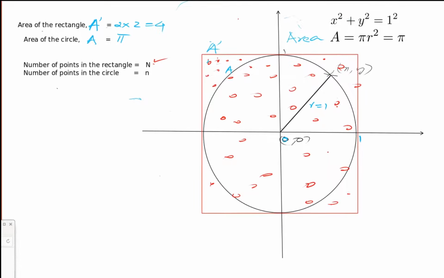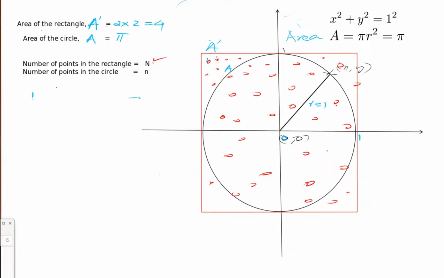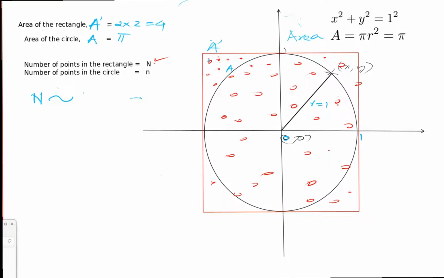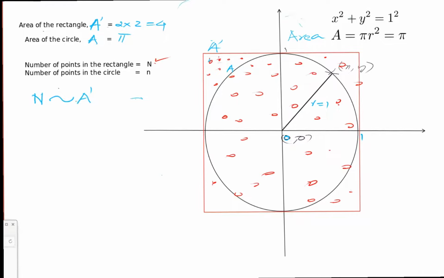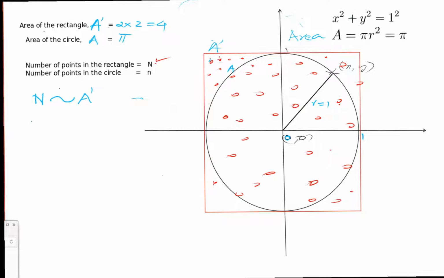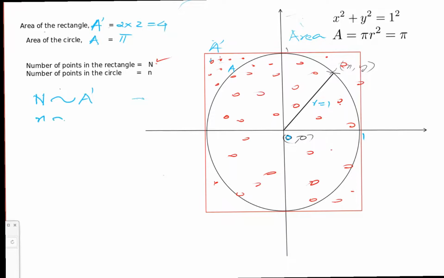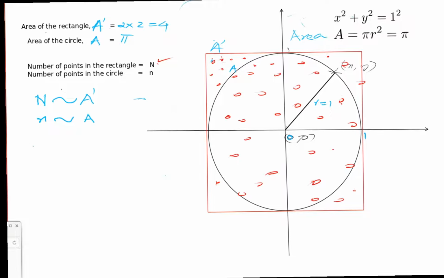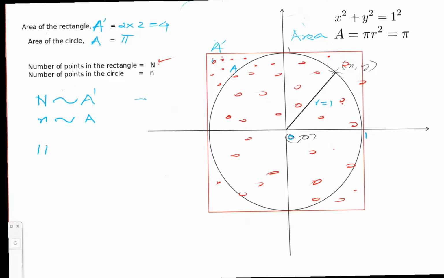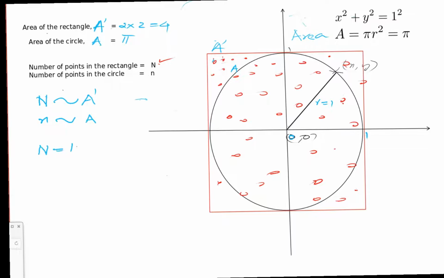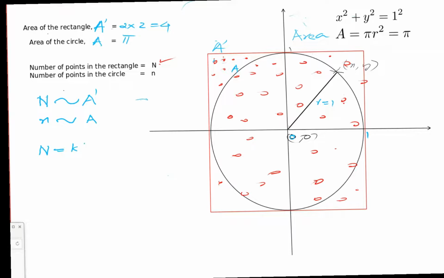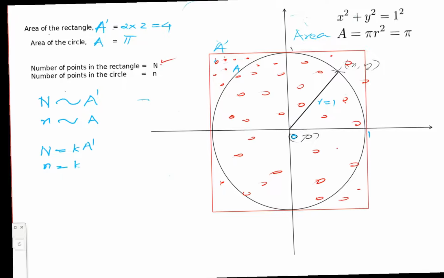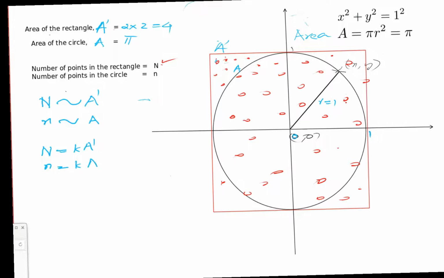If we consider now, the number of points capital N must be proportional to the area of the rectangle, right? And the number of points in the circle must be proportional to the area of the circle. If we convert this proportionality into an equation, there will be a constant of proportionality k.